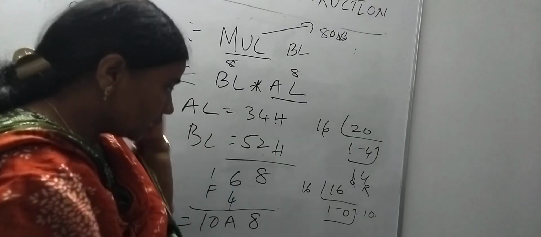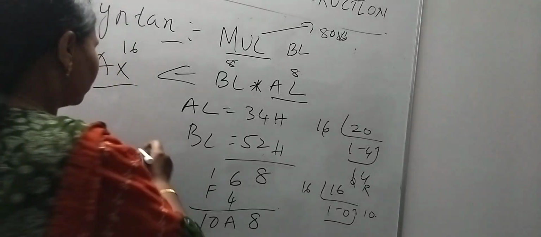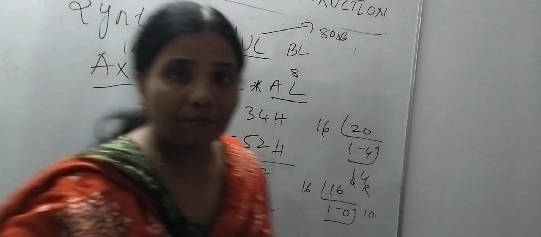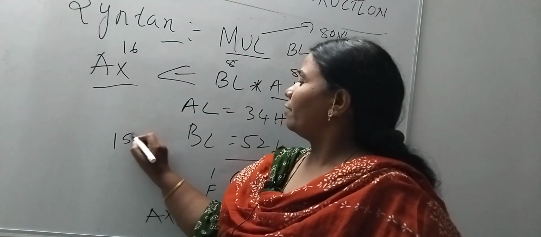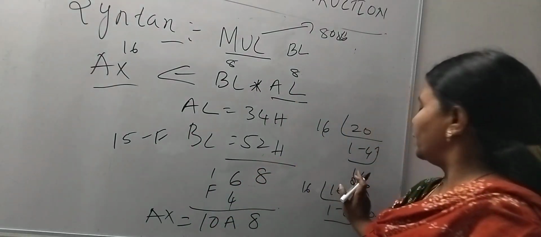For the next digit, 5 into 3 is 15. 15 in hexadecimal is F. So that F we have placed here.